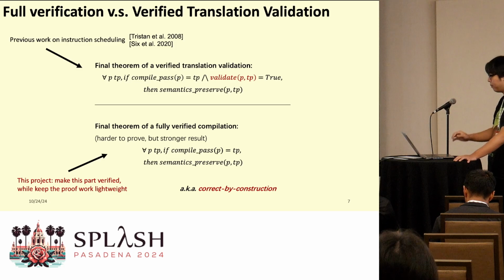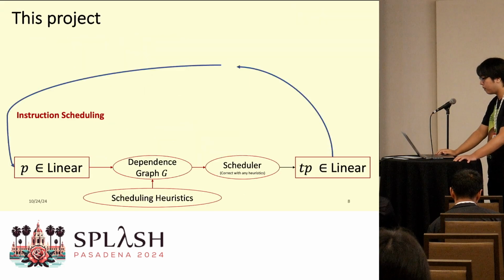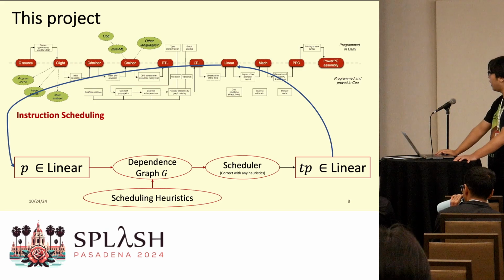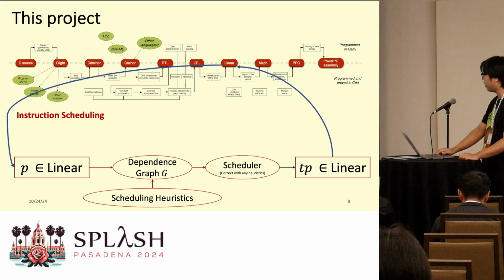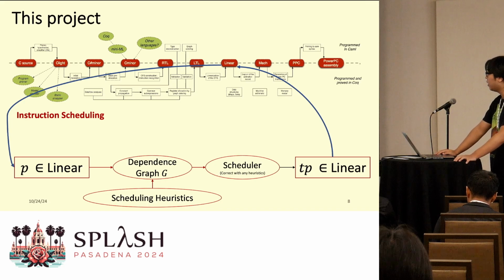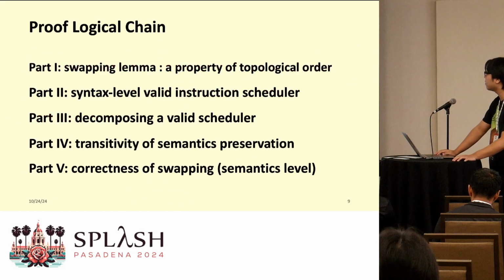It does not have to pass any other checks. This work is established based on the previous CompCert work, and we picked the proper intermediate representations and implemented the specific instruction scheduling algorithm on that path, and use our theory to prove the correctness of it.